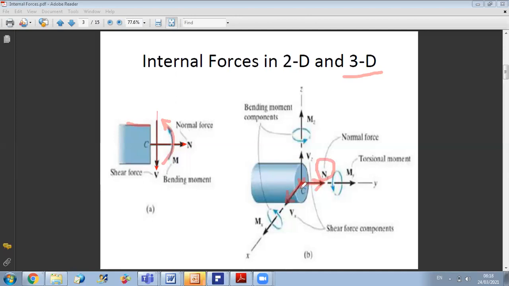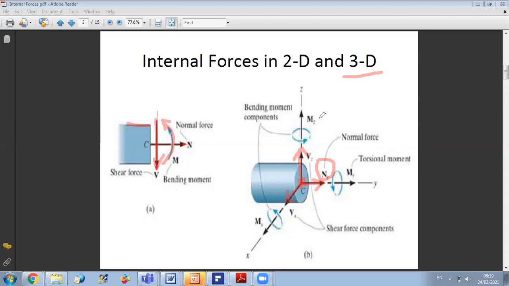While in 3D, the shear will be divided in two components in the plane, because here you have a 3D case, so you might have forces in X and you might have forces in Z. So you have two components for shear in 3D, in X and in Z. While in 2D, the shear component will only be along one direction.